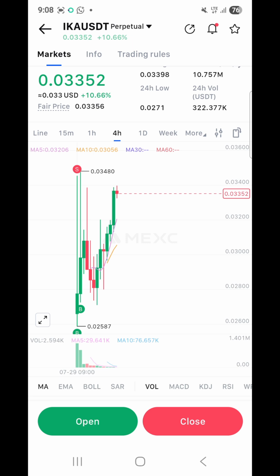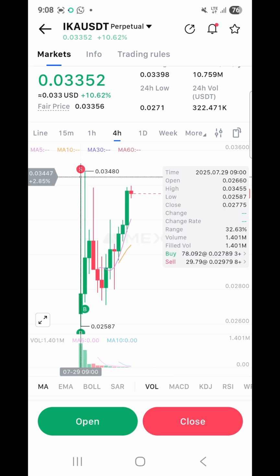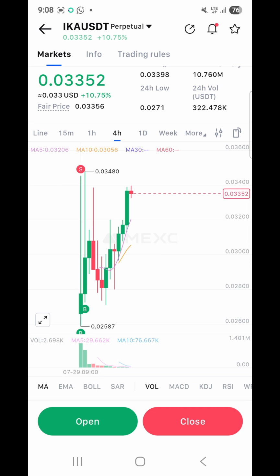And how would you be careful? When this coin listed, it listed at this particular point at 0.03447. Now what really happened here is it tanked down to 0.02587. Now some persons would have said, oh, I've missed this opportunity to enter, but you need to take note of something.